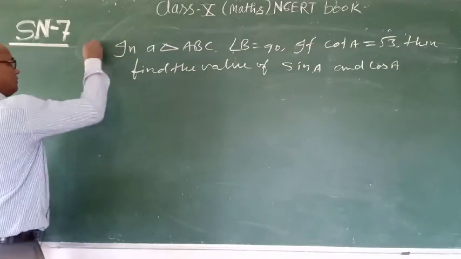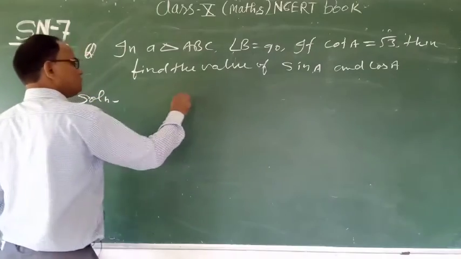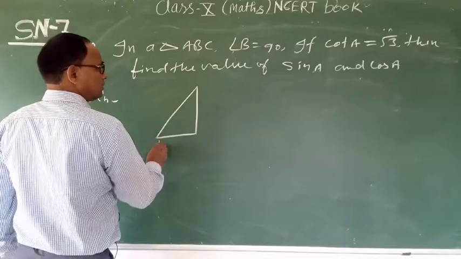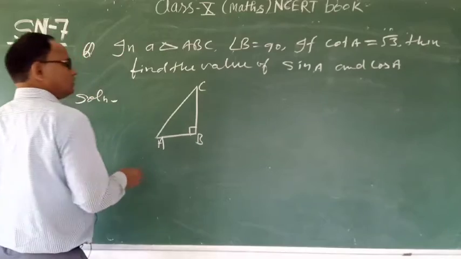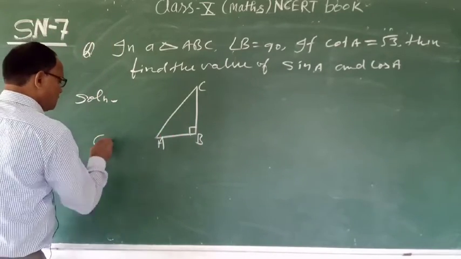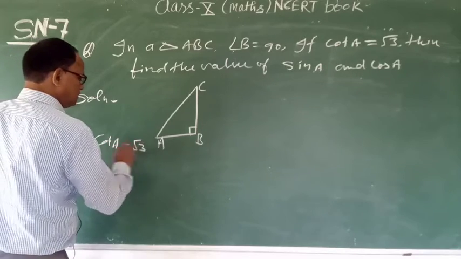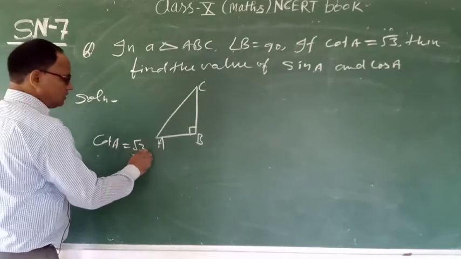Here is the solution for this. Here A, B, C. Given cot A is equal to root 3, then we can write root 3 by 1.